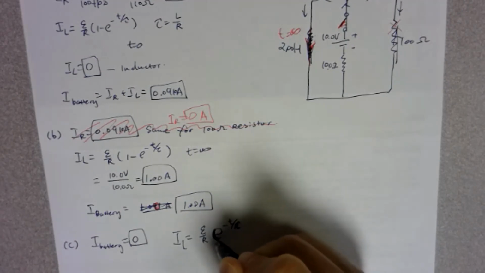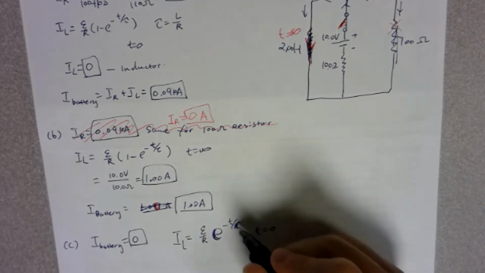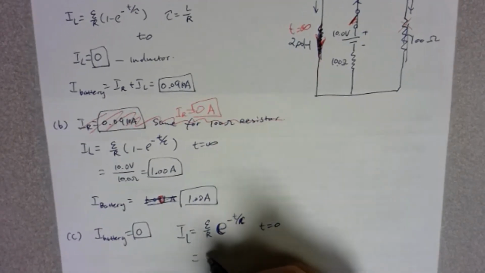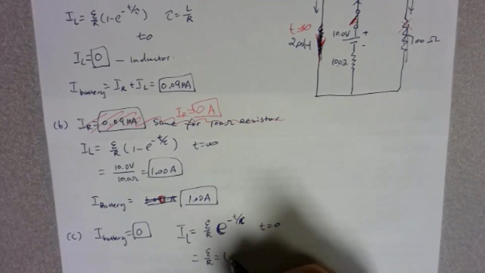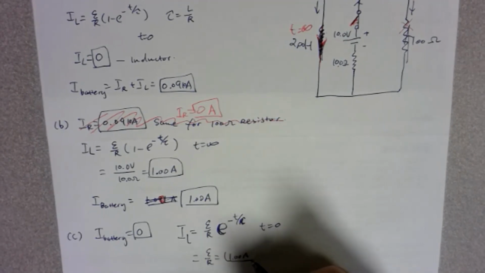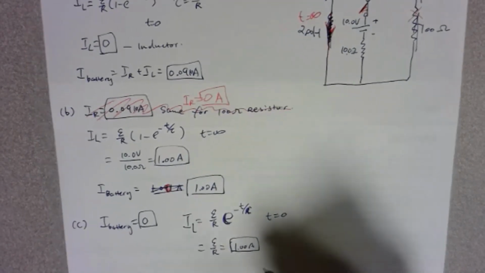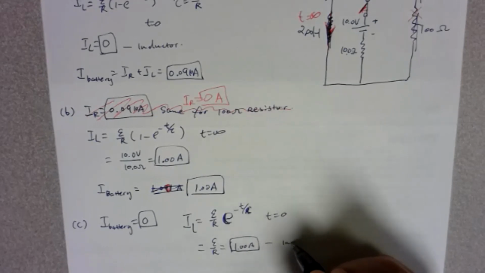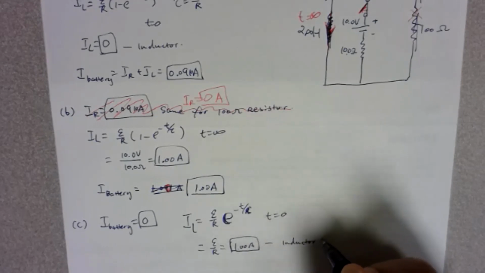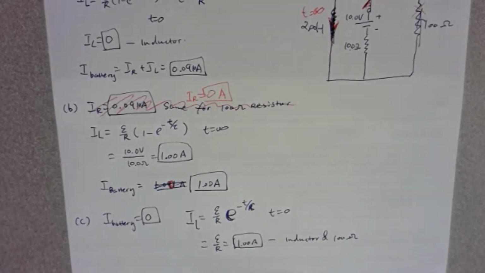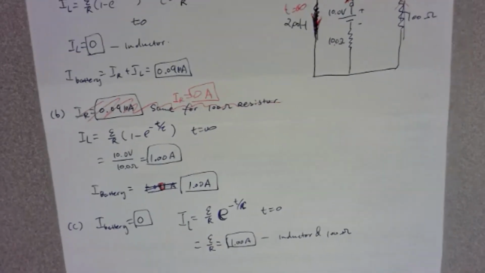When t equals 0, this thing now equals 1 again. So this will be epsilon over R again, just the 1.00 amps to start with. And that's the same for the inductor and the 100 ohm resistor, okay? And then the battery will be 0.